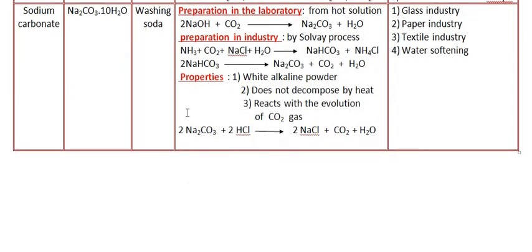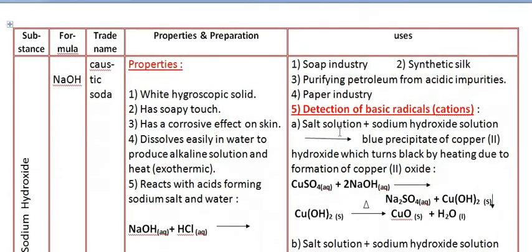The properties of sodium carbonate: it is a white powder, and it doesn't decompose much by heat. Also, the most famous reaction of sodium carbonate is the reaction with acids to form salt, carbon dioxide, and water.